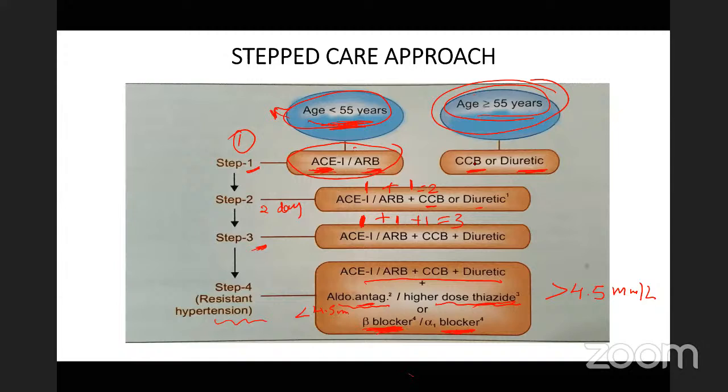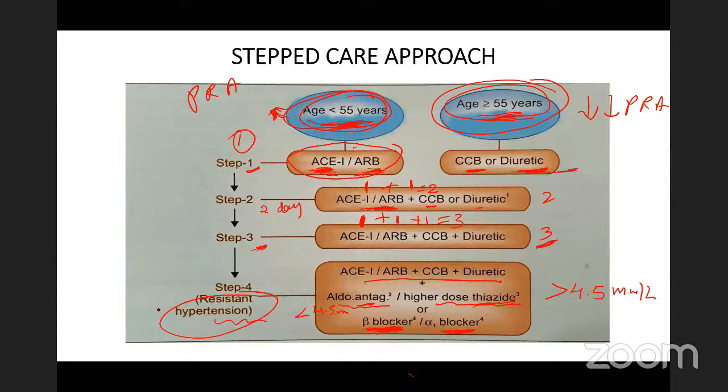So it is preferred to start with calcium channel blockers or diuretics above 55 years of age, and below 55 years of age, because the plasma renin activity is high, go for ACE inhibitors or ARBs. Okay, if the BP is not coming down, you have to add an ARB here in the more than 55 age group. The same thing follows just like the other group. If the three drug combination is not producing a beneficial effect, go for addition of another drug. We call it resistant hypertension.